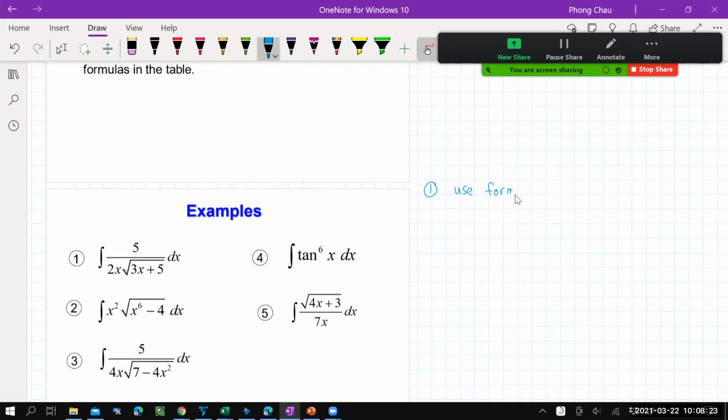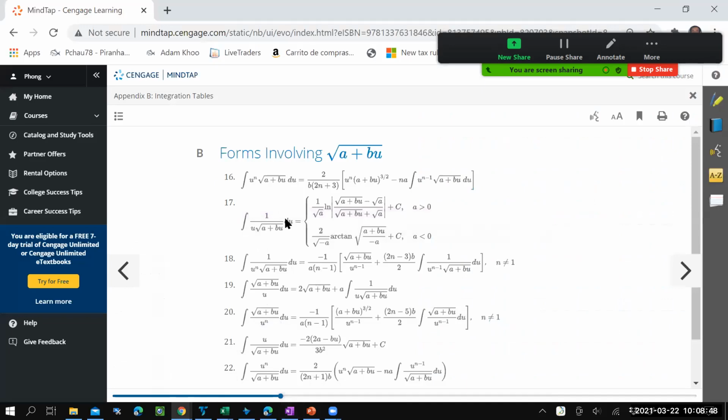You need to reference which formula we're using. We're using formula 17, and in formula 17, we have the integral of 1 over u square root of a plus bu du. Check that again: 1 over u root a plus bu.